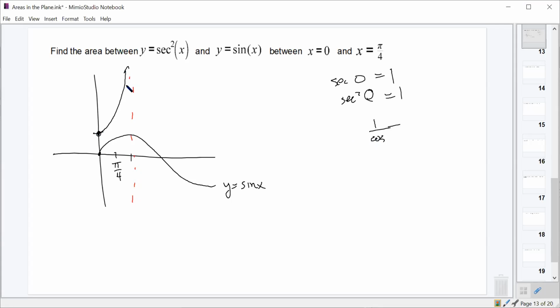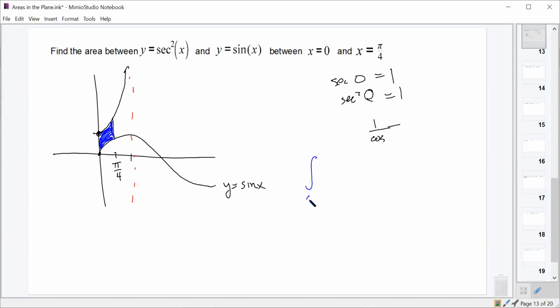And so that should make it pretty evident to us that between 0 and pi over 4, secant squared is always above sine x. Do y'all agree? Okay. So that's the sort of analysis you should be able to do without a calculator to determine which one is above the other one.